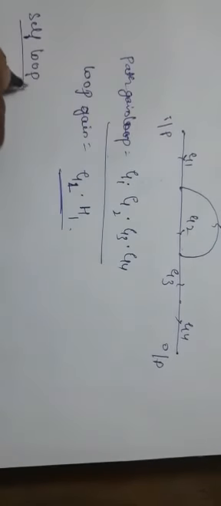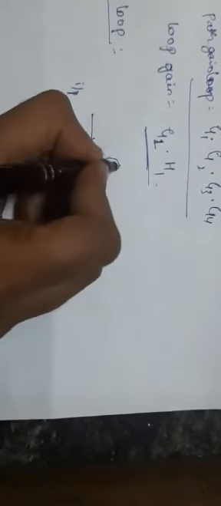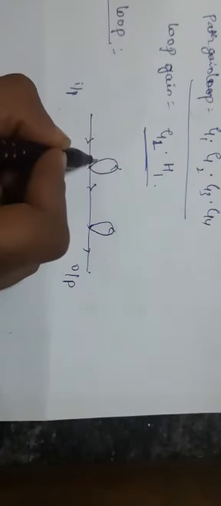Self loop. This is input and this is output. If it has one loop at this point and one loop at another, a self loop has only one branch.